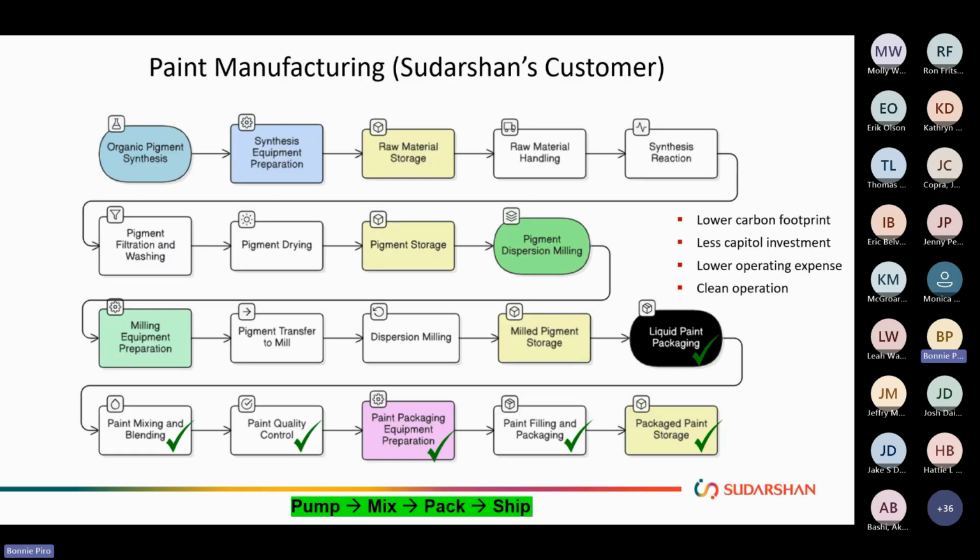This is just a schematic of all the various steps that go into making a liquid dispersion or even a solid dispersion, all the way from the synthesis of the pigment through the dispersion process, and then finally into the final application of the liquid paint or plastic.